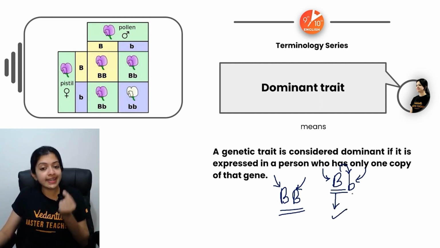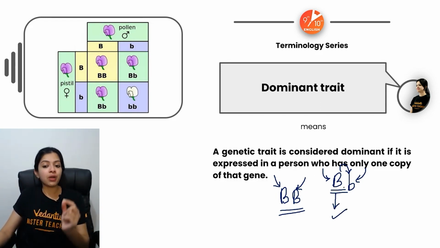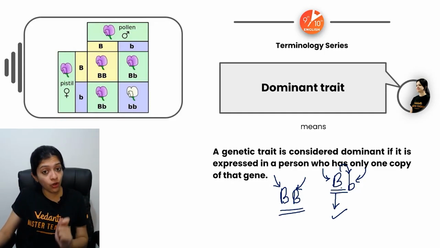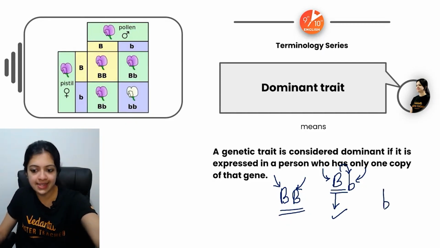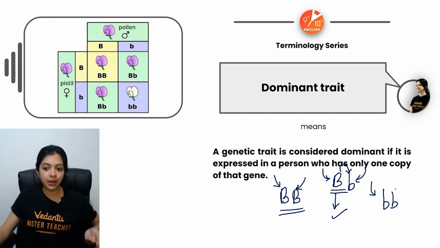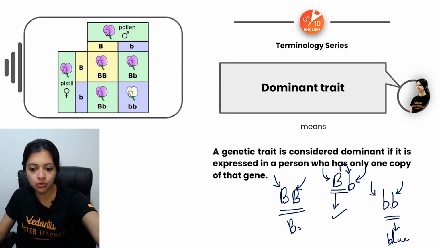Even if genetically the person carries a blue eye allele, only the brown eye allele can be expressed because it's a dominant trait, brown eye color. What about this case? The person receives a blue eye allele from mom and a blue eye allele from dad. Of course, it has to be phenotypically, or externally, only blue. And in these two cases, it's going to be phenotypically brown eyes, right?